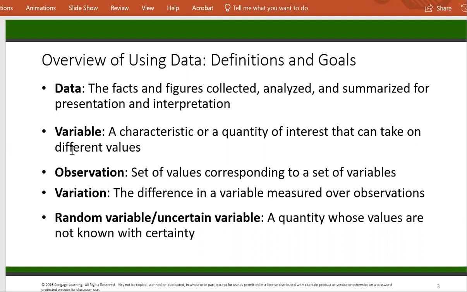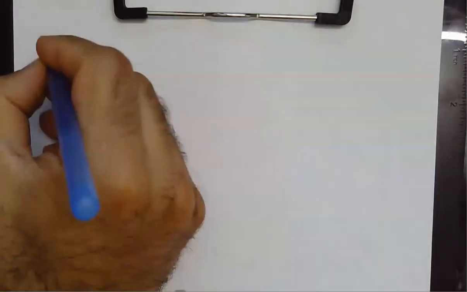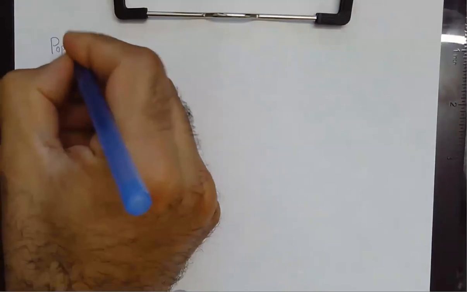So I'm going to give you an example here. So imagine your class. We have, let's say, 35 students in our class. So our class is a sample of Cal State San Marcos students, right? The population of Cal State. So I'm going to define it this way: population.